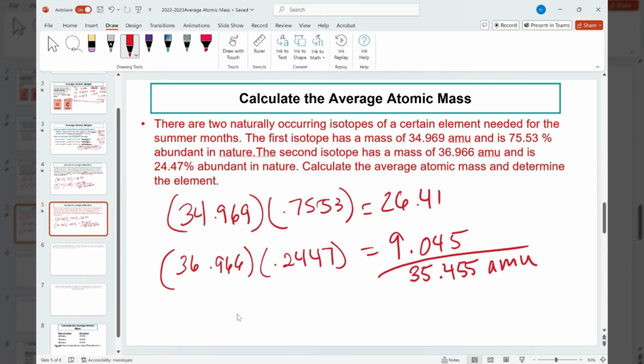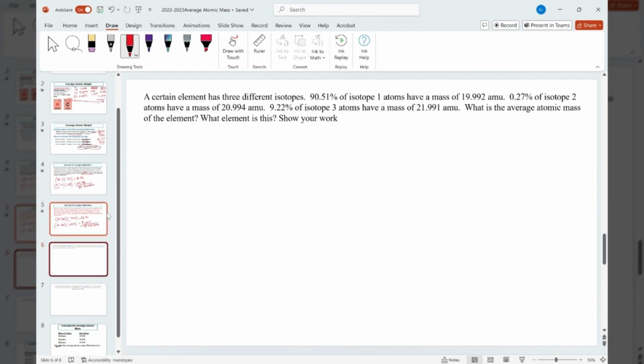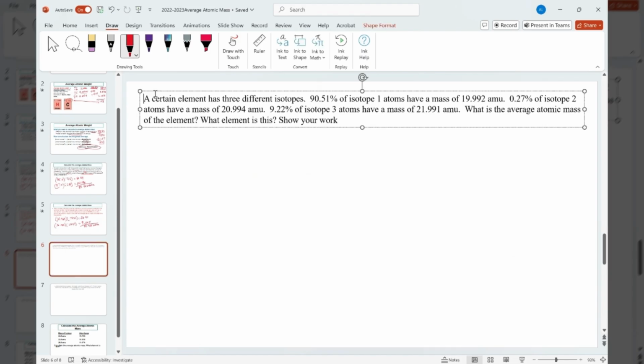Okay, that's how you work your average atomic weight problems. Again, you are going to have this problem. I will make this problem A. You can work it on a document, or you can work it on a PowerPoint. You could take your snipping tool and put it in the submission area.